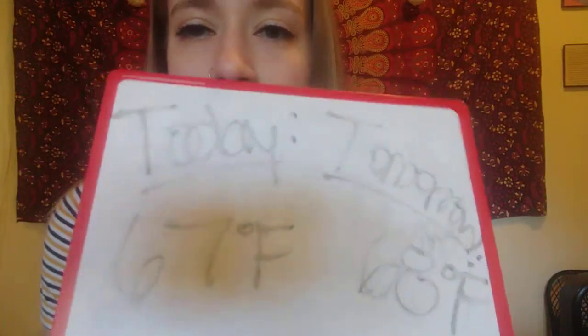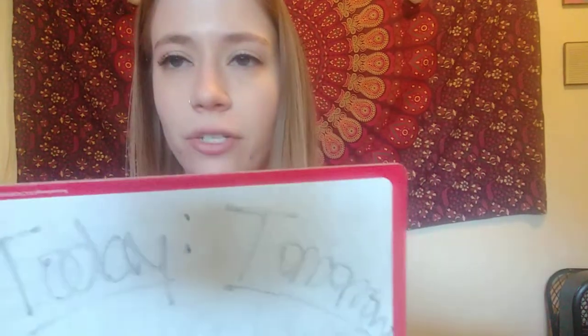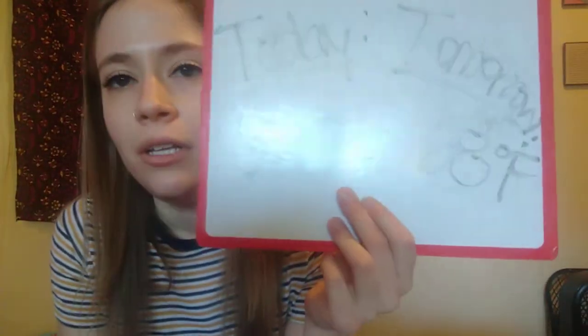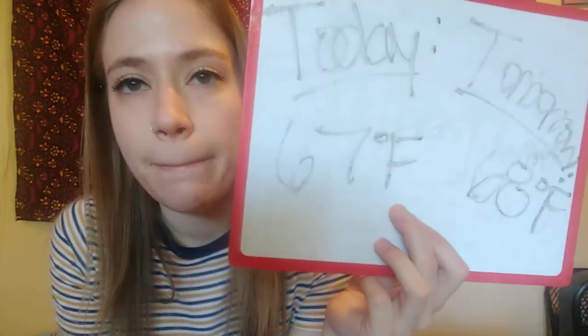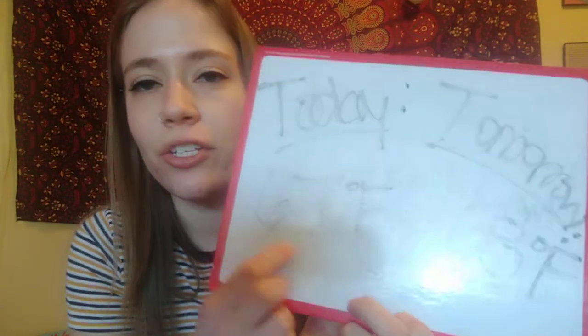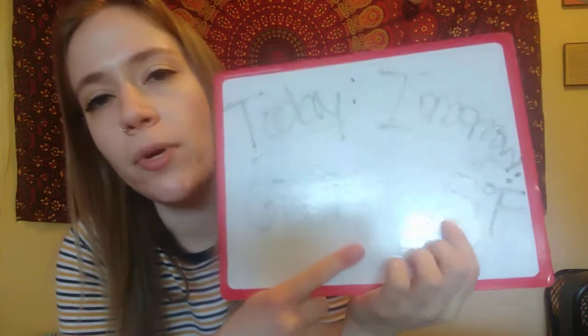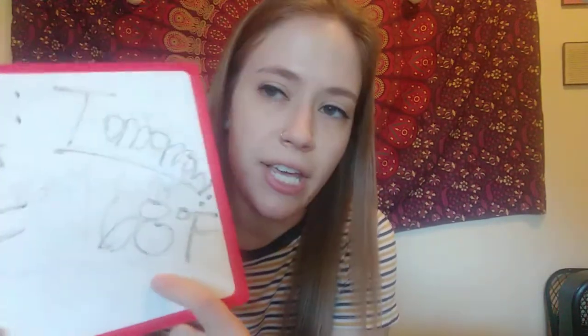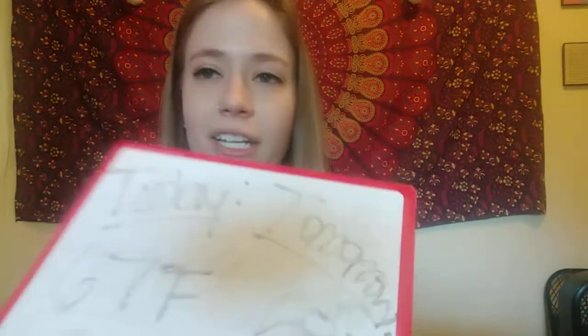So if today's going to be 67 degrees and tomorrow's going to be 68, how many degrees are between those 2 numbers? Shouldn't take too long because all we got to do is just go up 1 more degree. So tomorrow will be 1 degree warmer than today.